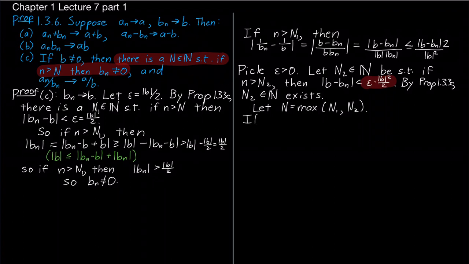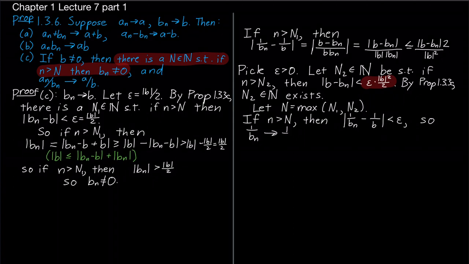And then if little n is bigger than big N, then trace through everything: the absolute value of 1 over Bn minus 1 over B is less than epsilon. So we have that the sequence 1 over Bn converges to the number 1 over B.